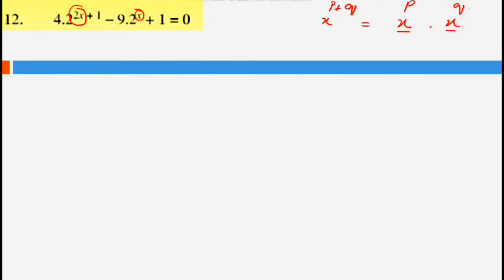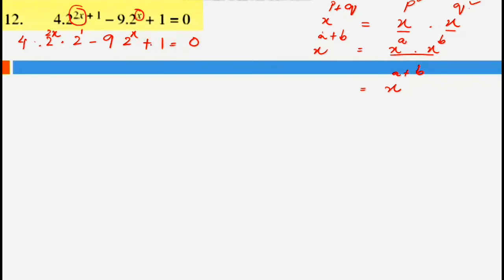You know that when the bases are the same, the powers are added. So we can write it as 4 into 2 raised to the power 2x into 2 raised to the power 1 minus 9 into 2 raised to the power x plus 1 is equal to 0.